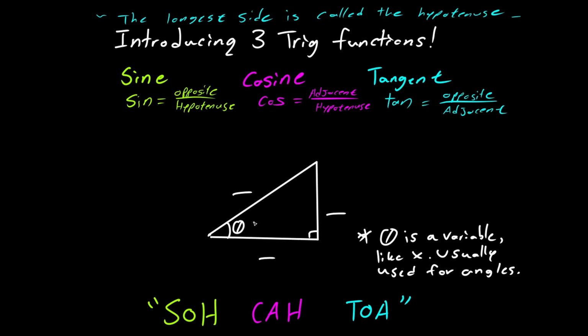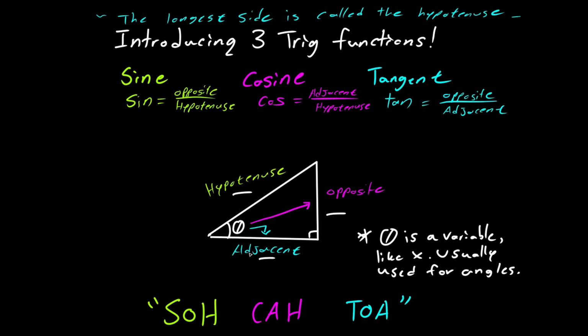Well, the opposite side is just the side opposite to the angle. So this is just the opposite. You know that because it's opposite from the angle. And we have the adjacent. The adjacent is just the side beside the angle. So that's the adjacent. And we have the hypotenuse, which we already know is the longest side of the triangle.